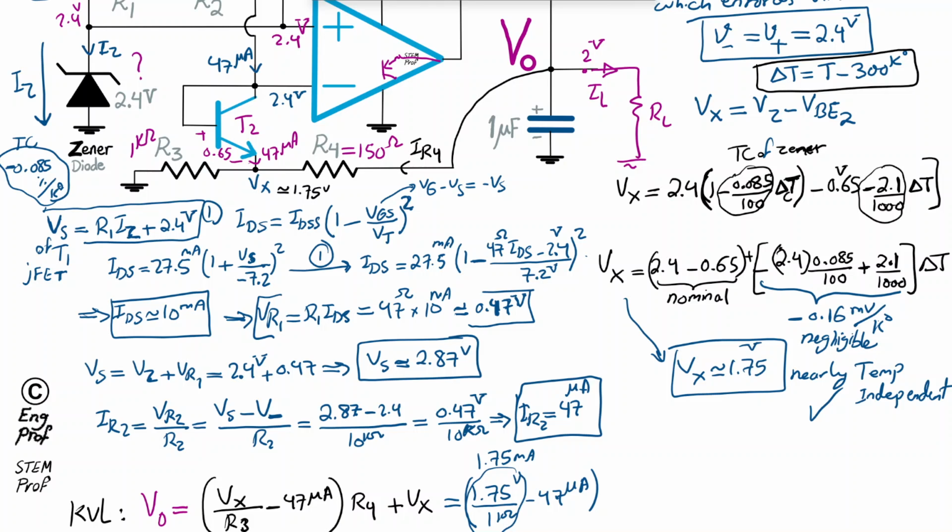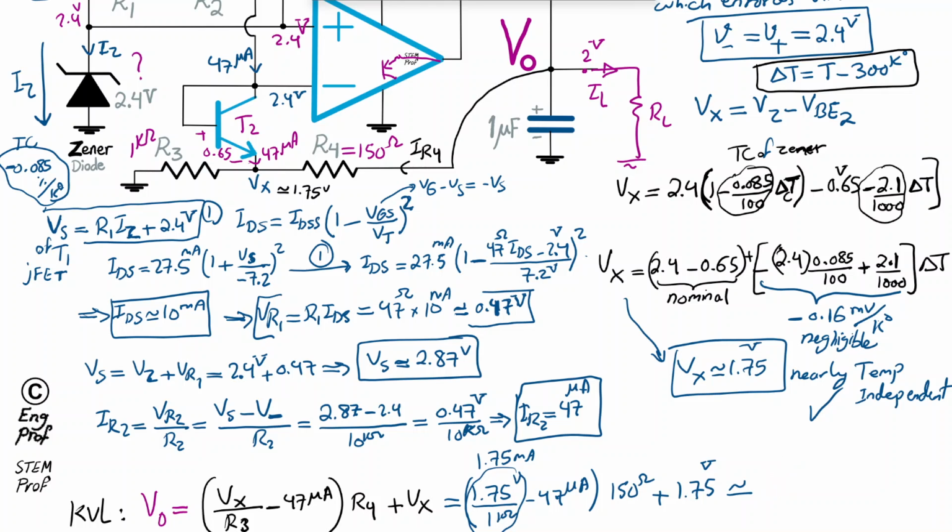And then we have R4, which is 150 ohm. We can, of course, change the value of R4 if we want a different value than 2 volts. So 2 volt can be adjusted by the proper selection of R4, let's say. And then plus the Vx, which is 1.75 volt. So if we compute that, we end up roughly close to 2 volt for the output voltage that we wanted.